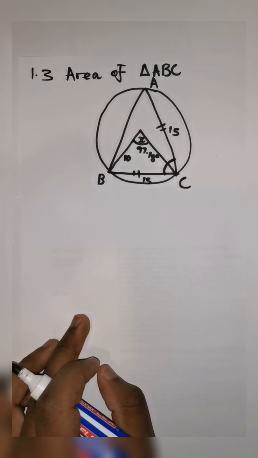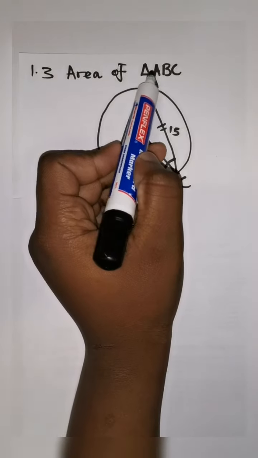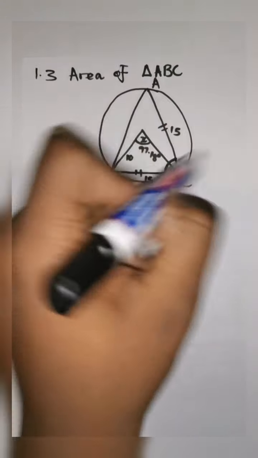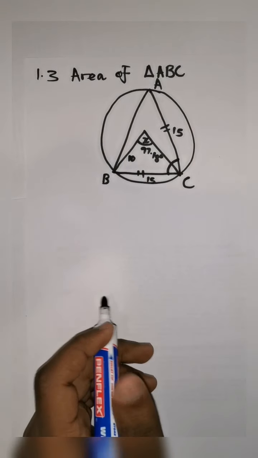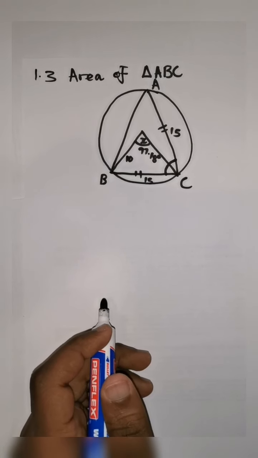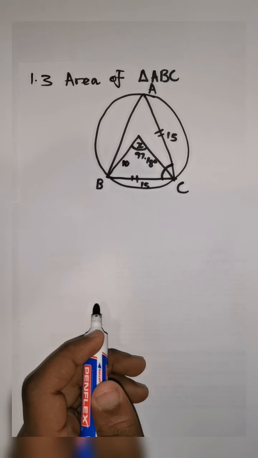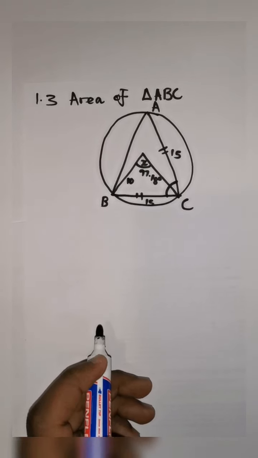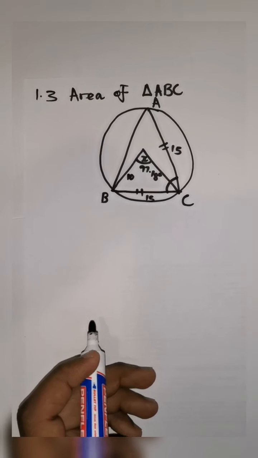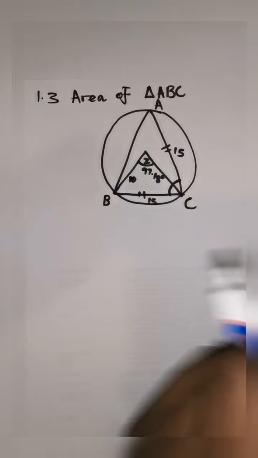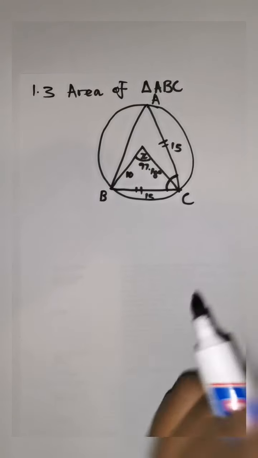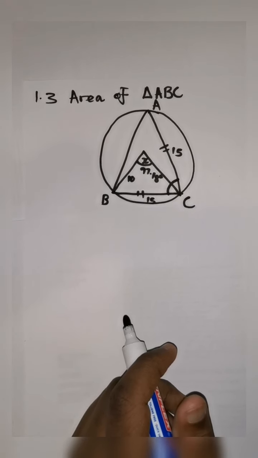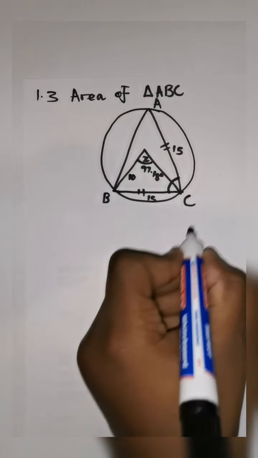For our third question, we are asked to calculate the area of triangle ABC. So that's ABC, the bigger triangle, right? When dealing with such questions, whereby we have lengths of sides and also angles, I suggest the area rule. I can explain this rule because it's very easy, so it wouldn't need a separate video.